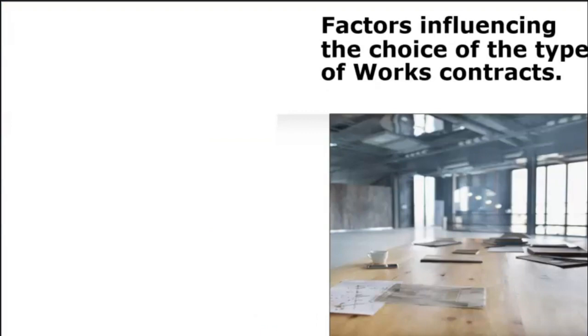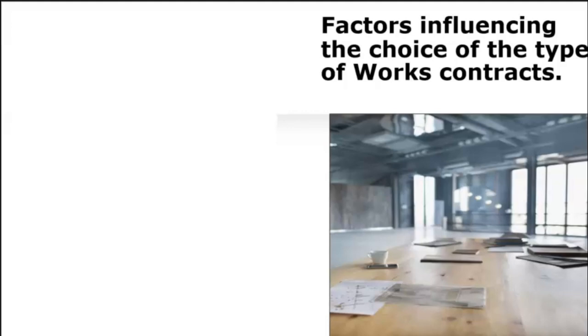Let's look at the factors that influence the choice of the type of work contract that is selected. The type of contract chosen will impact the degree of influence which an employer can exercise during contract execution.